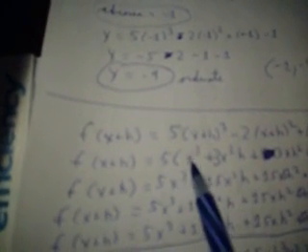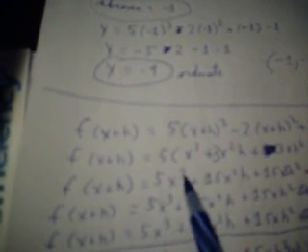Here we go. 5 times x cubed is 5x cubed. 5 times 3x squared h is going to be 15x squared h. 5 times 3xh squared is going to be 15xh squared. And 5 times h cubed is going to be 5h cubed.